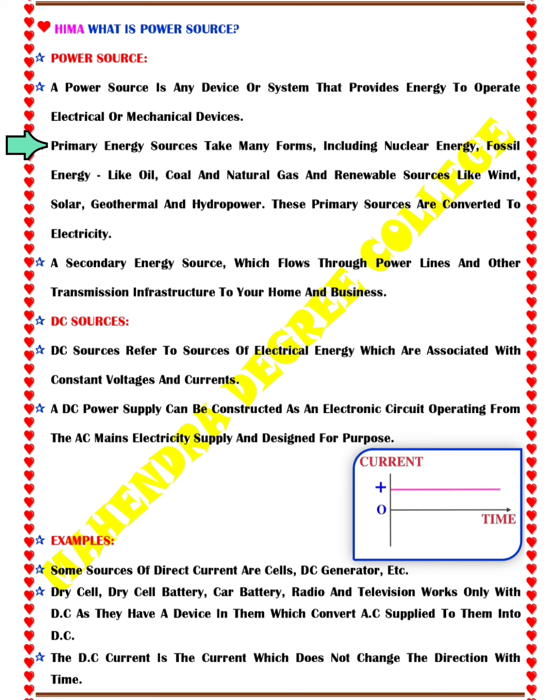It means there are different kinds of natural resources that provide energy in its raw form. These sources are found in nature and are not yet converted into usable forms like electricity.